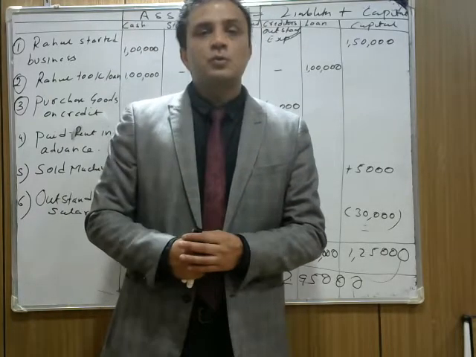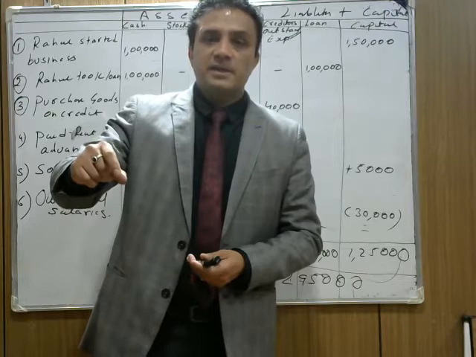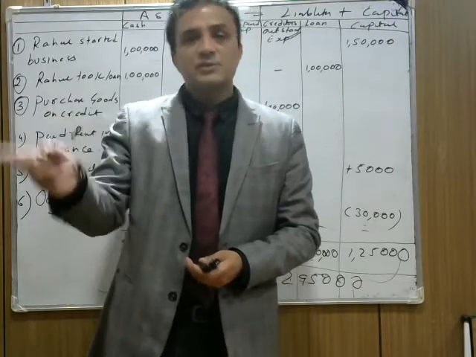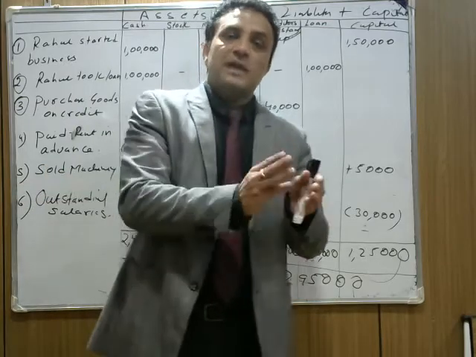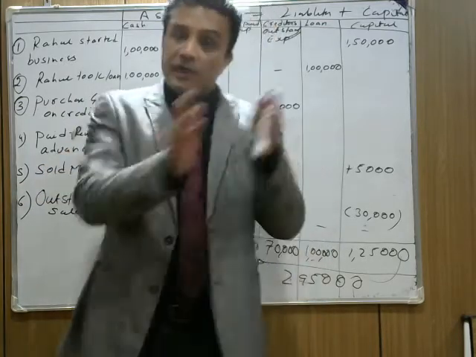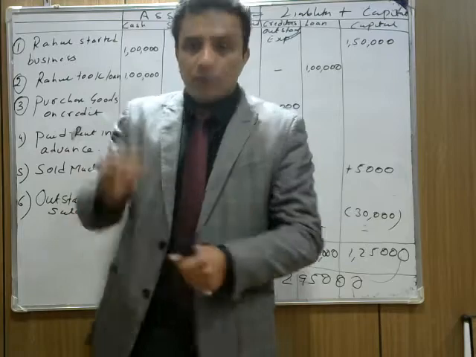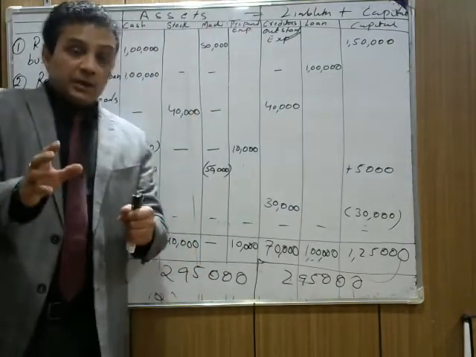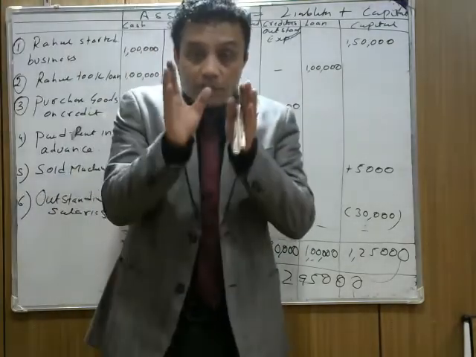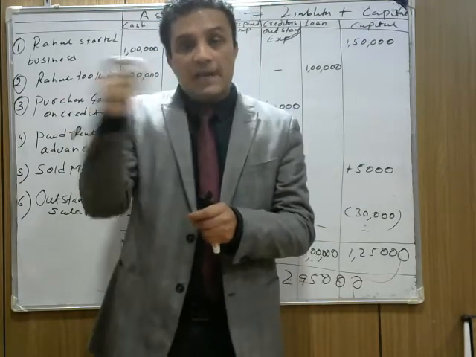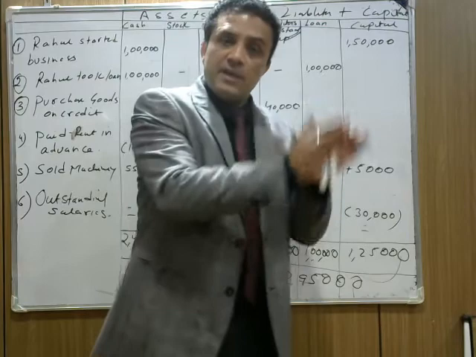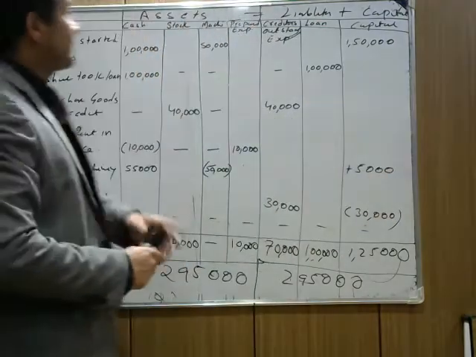Tell me which transactions affect assets only, or transactions which affect asset and liability both, or assets and capital both, or liabilities and capital. These are transactions you need to understand. So we study like this.